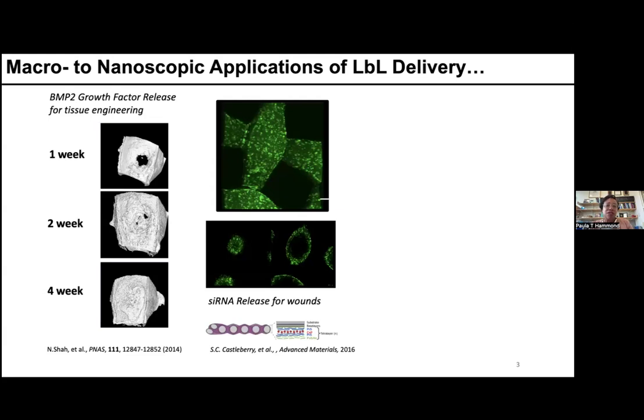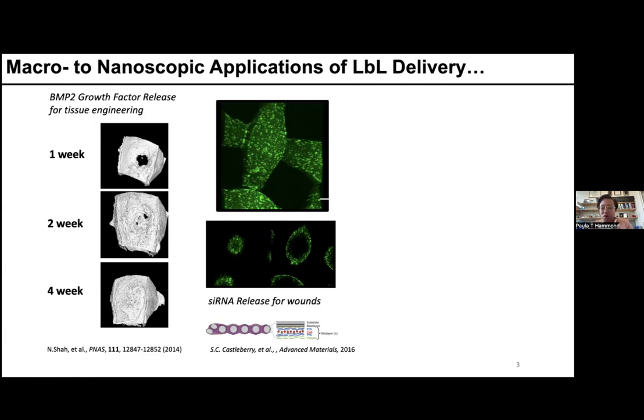We also coated things that were a little bit smaller, like the micro mesh that you can see in a bandage. And in these bandage applications, we were incorporating in the layers siRNA or silencing RNA that would shut down some of the genes that are dysregulated in wound healing, for example, for diabetic wounds, helping those diabetic ulcers to close.